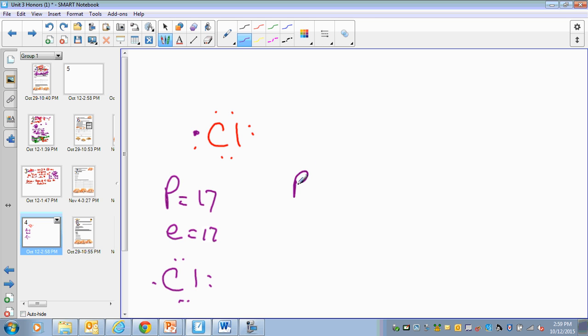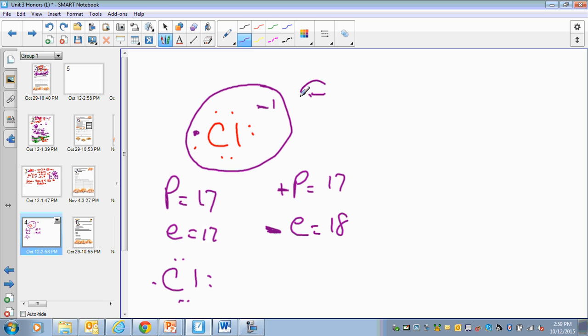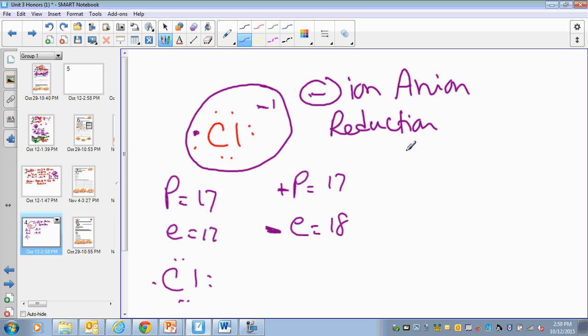Now when chlorine gained an electron, the number of protons never changed, so you have an extra negative on it. That makes it negative 1. So now you have a negative 1 ion. A negative ion is called an anion, and the process is called reduction. That means gain of electrons. This is the oxidation number of chlorine.